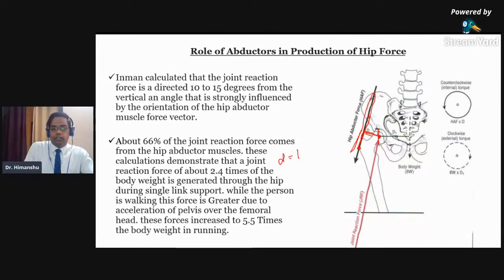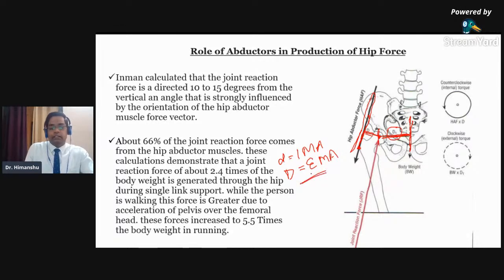So d is your internal moment arm. Always understand this. Now this is the weight axis, which passes from the center. This is the perpendicular line of the weight axis, and the distance of the weight axis or the body weight, that is the external load or external force that I told you about yesterday, is your capital D.